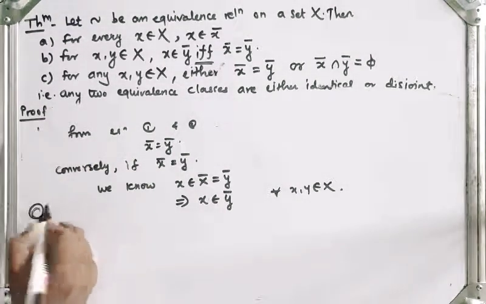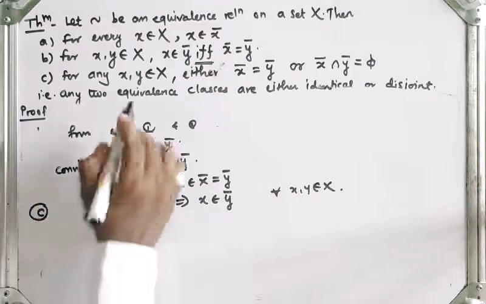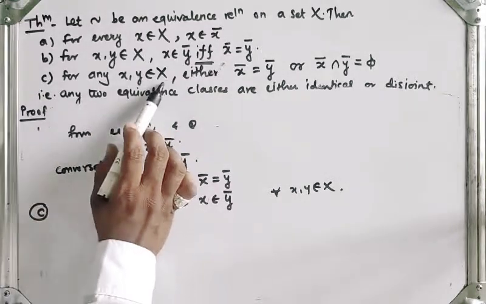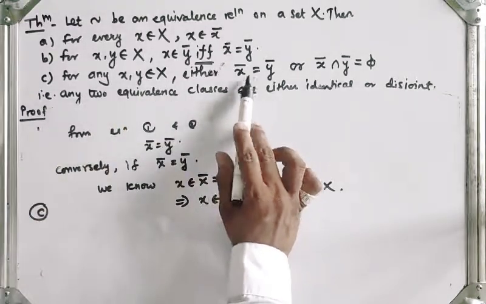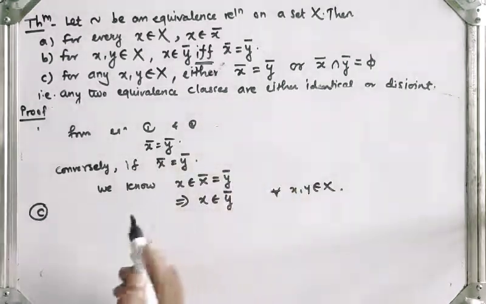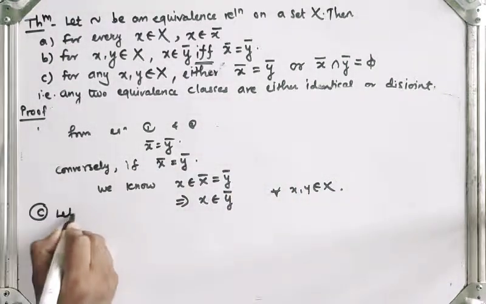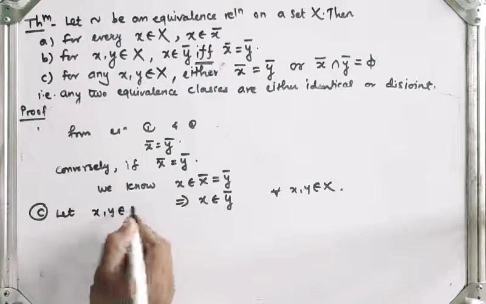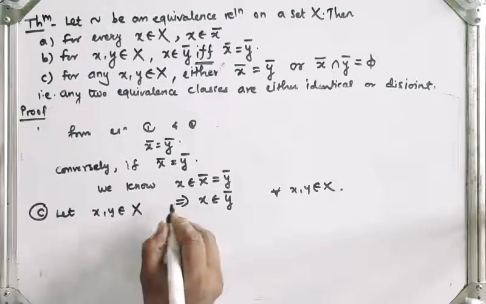Now the third case. We have to prove that if I have two elements x, y belonging to the set X, then the two equivalence classes are either equal or disjoint. Let us prove it. Let x, y belonging to the set X be any two elements.